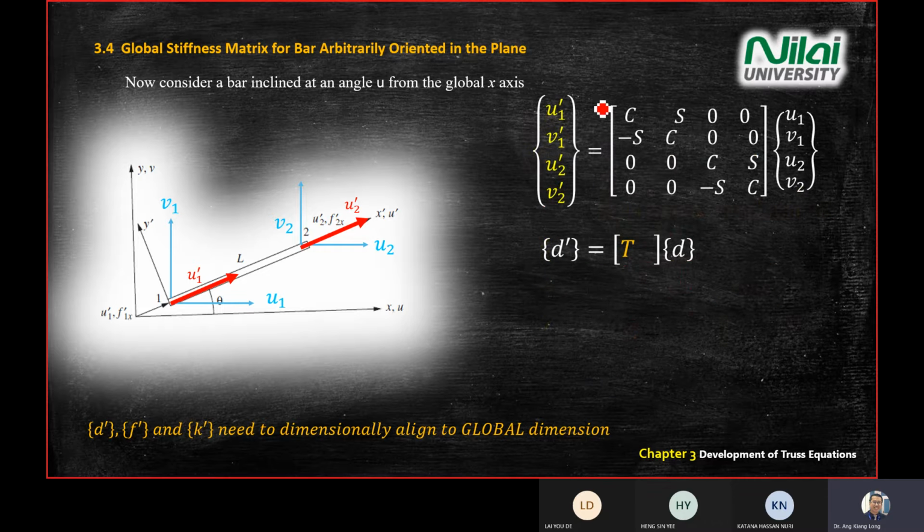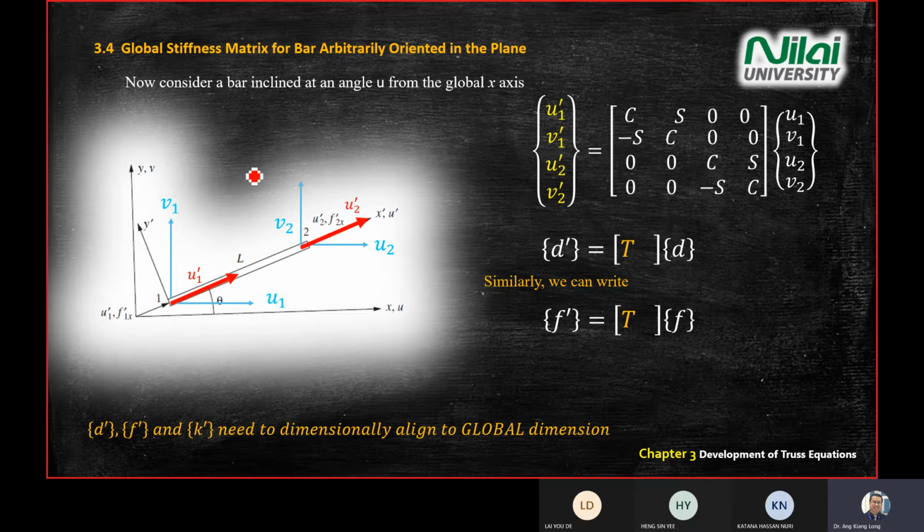This is just a rewrite of the terms here. So again, when we derive the displacement transformation matrix in 4 times 4, we can do the same for the force also, using the same transformation matrix. F prime equals T F. Again, on the left is local, on the right is global. What I mean by local is the prime axis, which is the yellow color in the first slide that we saw this morning.